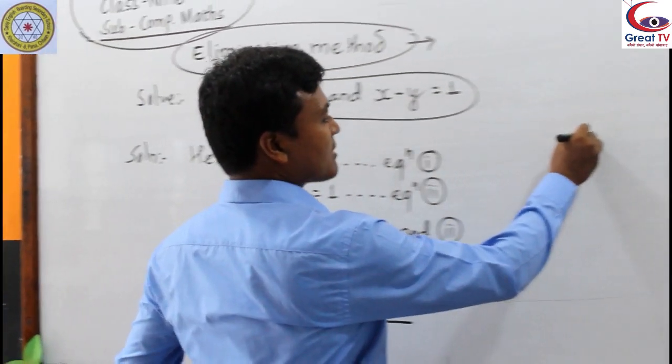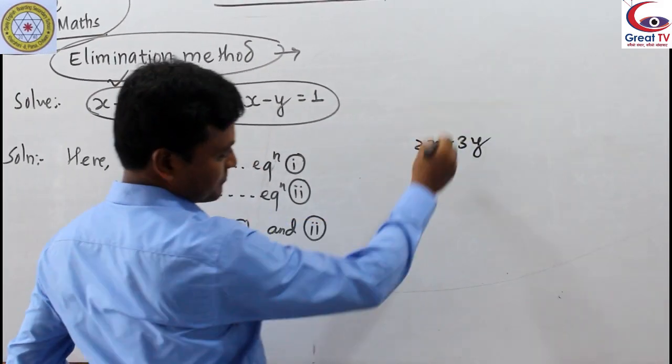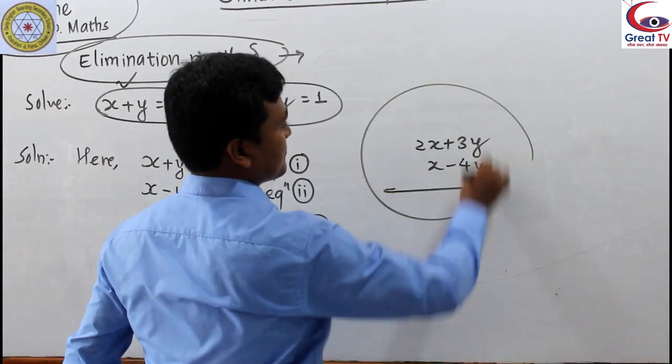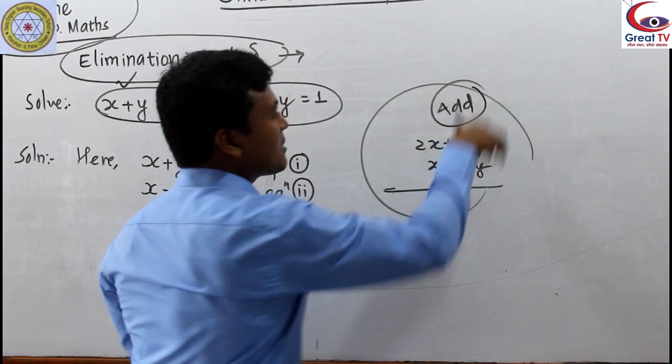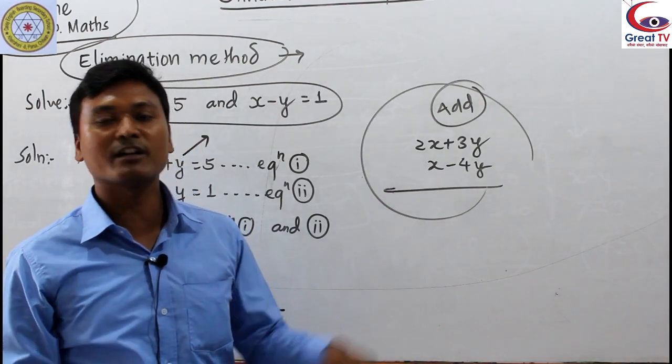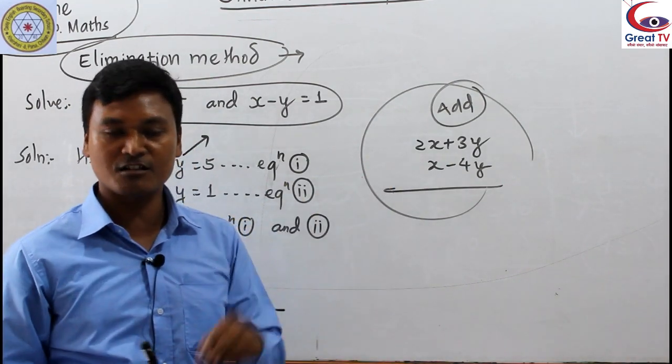And you know very well, this time from 2x plus 3y, x minus 4y, the question you read already in class 3 and 4. I hope this type of problem you read already, but I want to tell you one concept.